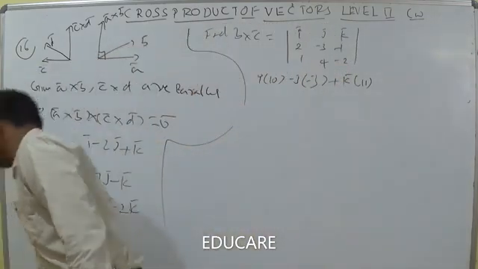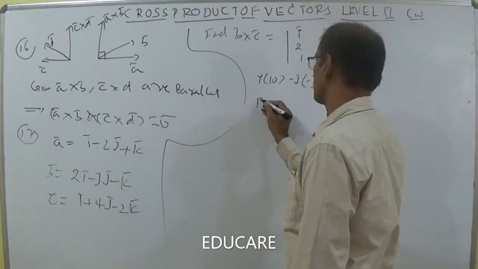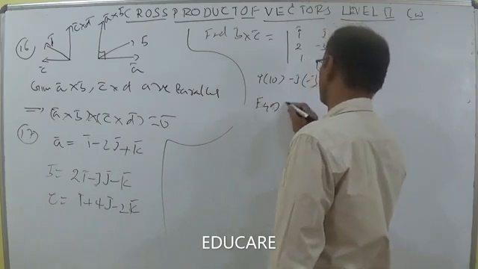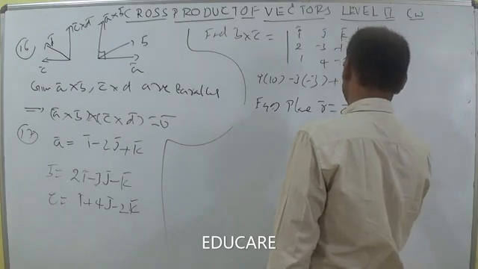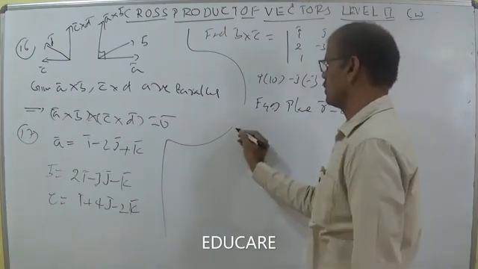The equation is r bar is equal to a bar plus t b bar. What is r bar?